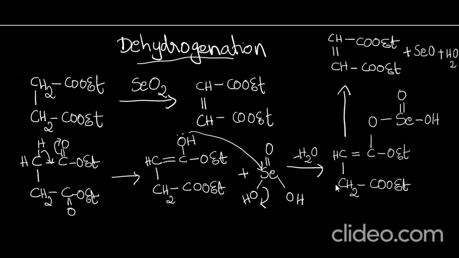When this hydrogen is eliminated, this bond will shift into this bond and this double bond will shift to this bond, and the oxygen to selenium bond will break and OH minus gets eliminated.